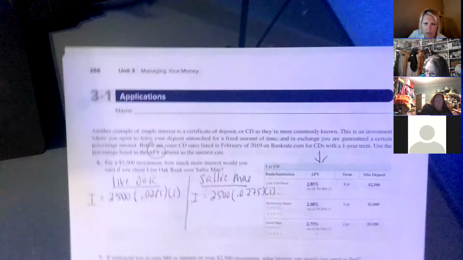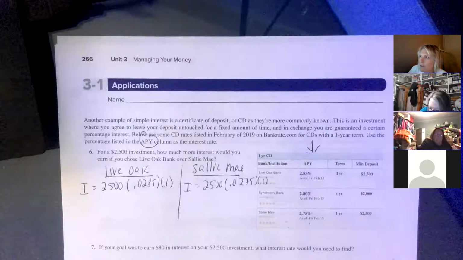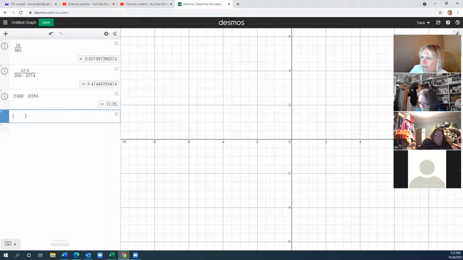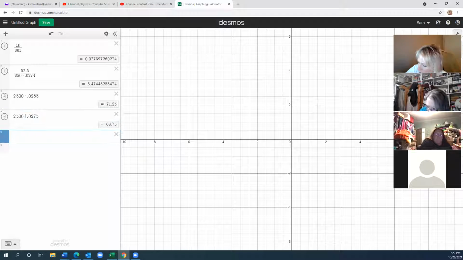So what did we get? I'm gonna share my screen so we can see my Desmos work. So there's my Live Oak. We earned 71.25. And then Sallie Mae, we earned 68.75.